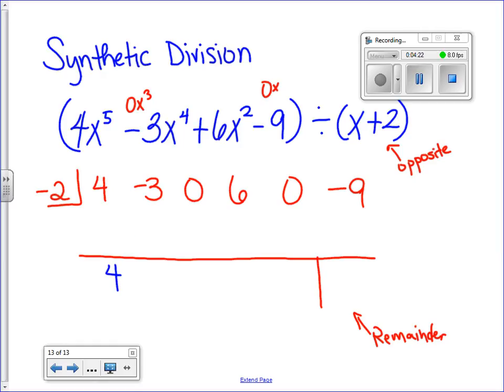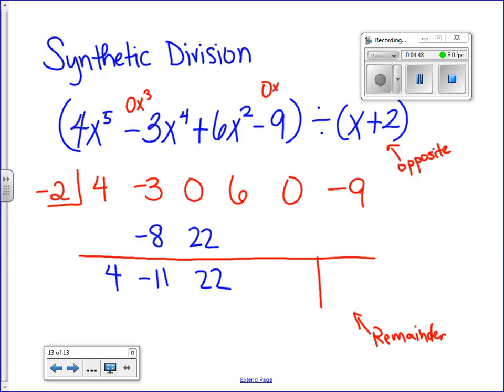Negative 8 for the answer right here. And then add 4, negative 11. Multiply these two numbers. Just 22. Now we just multiplied. What's the next step? Add.